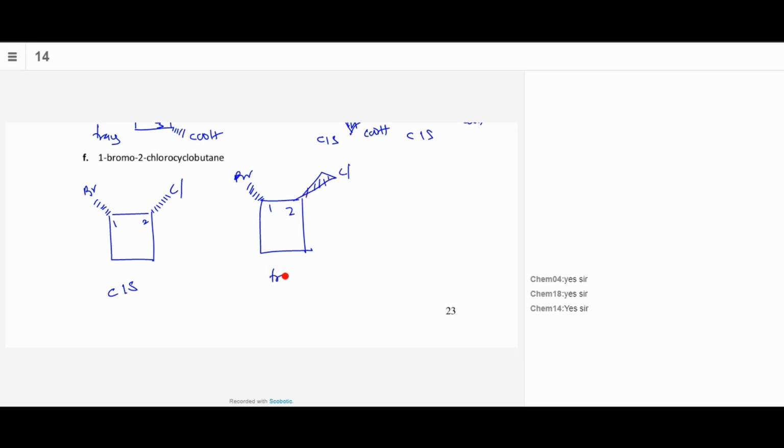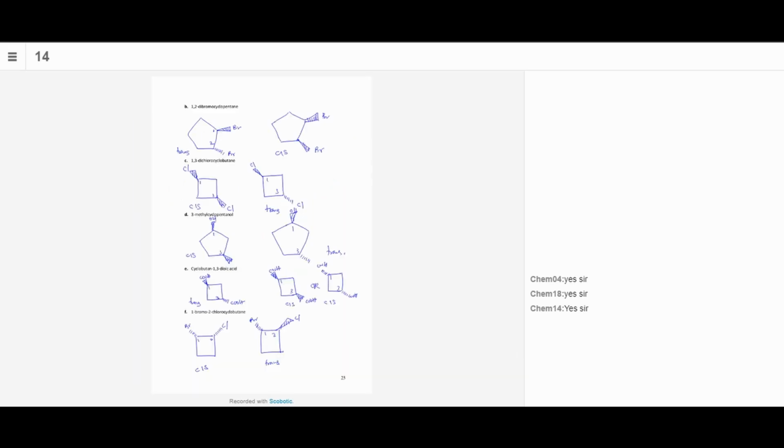It is trans. Please check your answers. Any questions? Any clarifications before we start the other type of stereoisomer, which is the optical isomer? Let me know if you have any questions.